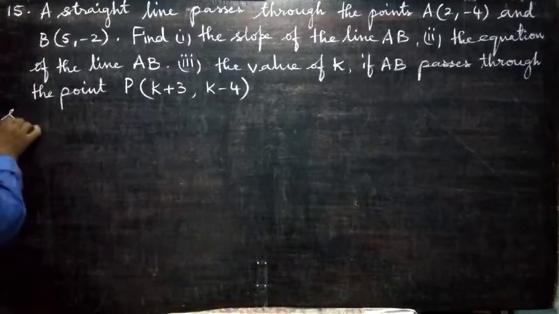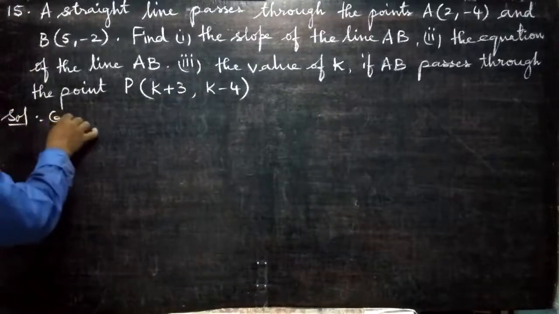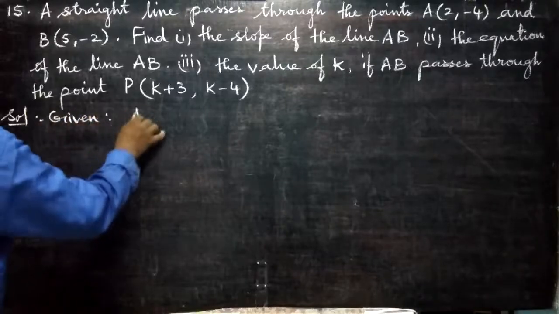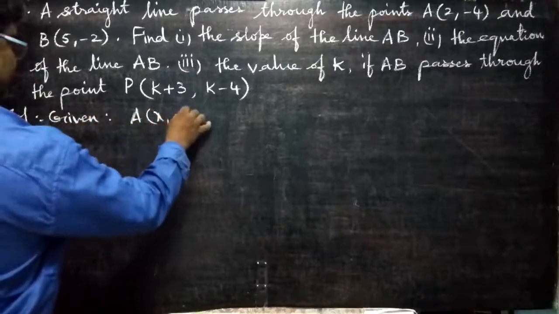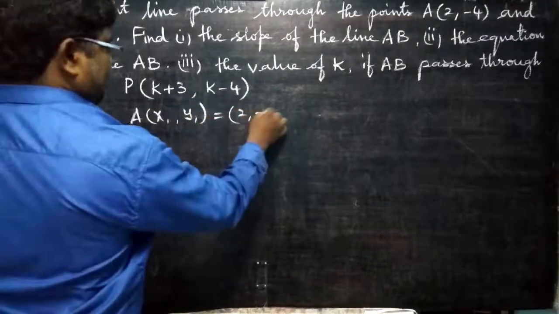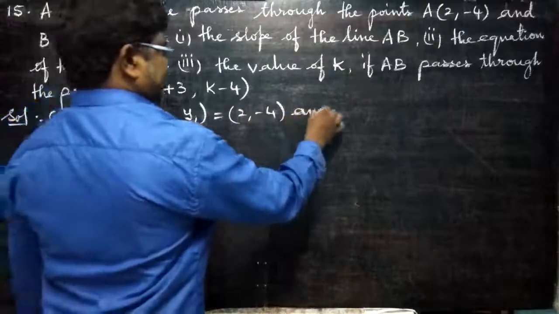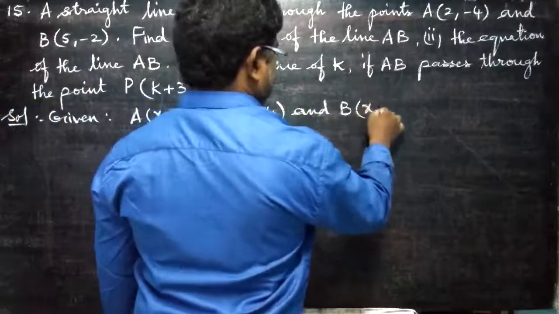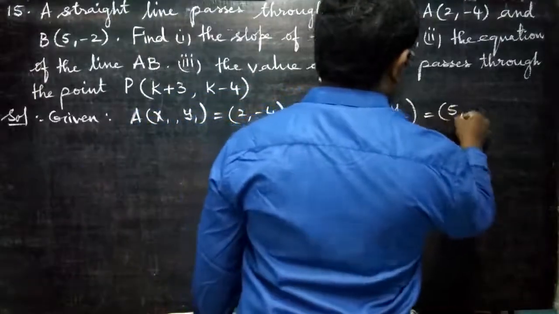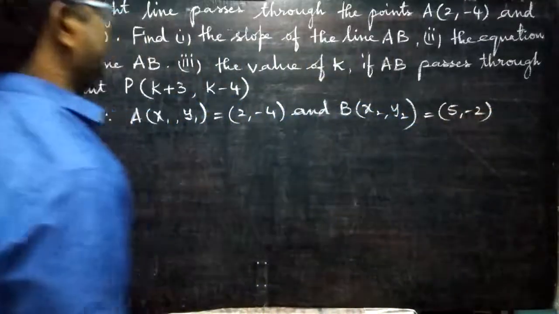So solution given, what they have given, 2 points they have given. A (x1, y1) is equal to (2, -4) and B (x2, y2) is equal to (5, -2).